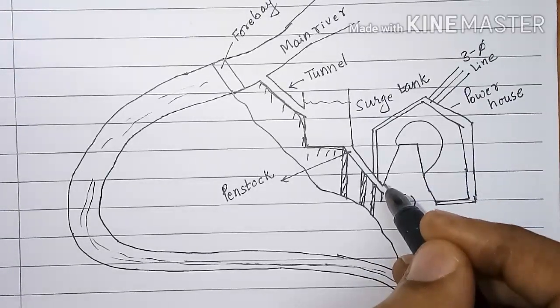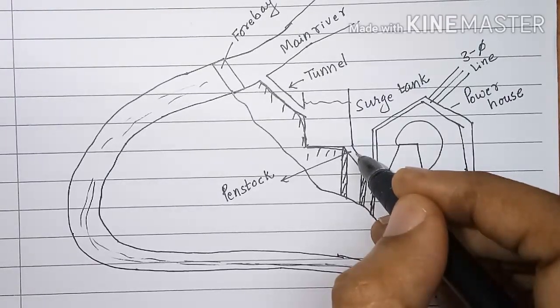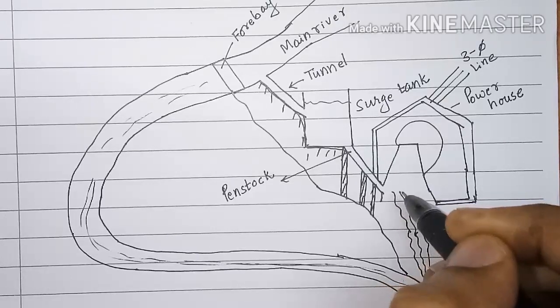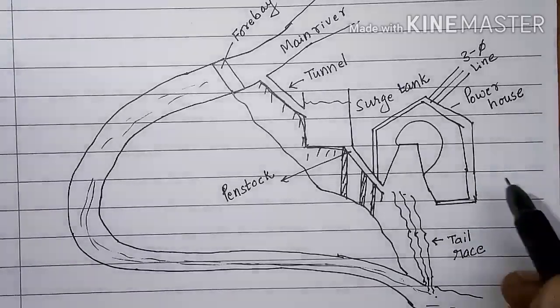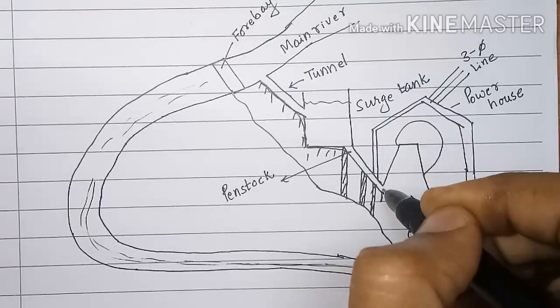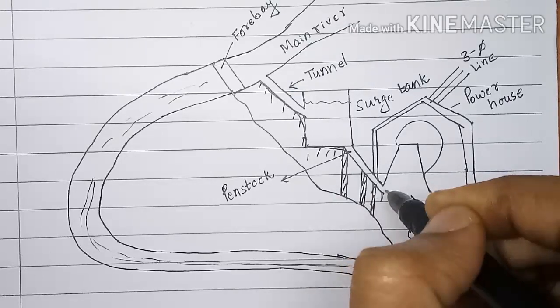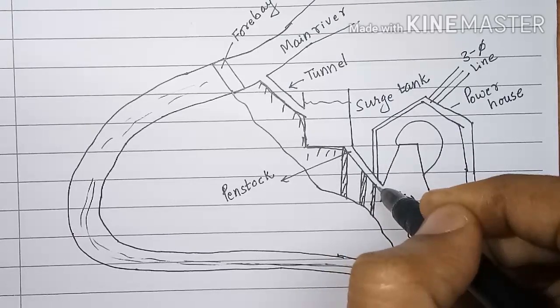That speed governor will control the inlet valve for the turbine. That means the inlet valve will close partially. When the inlet valve closes partially, then the pressure in this penstock will increase. Because of that, the penstock starts to vibrate.